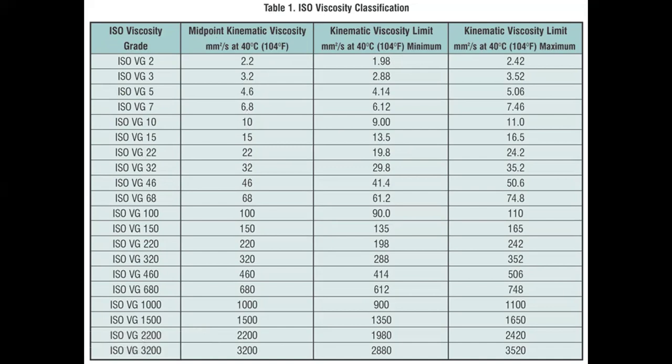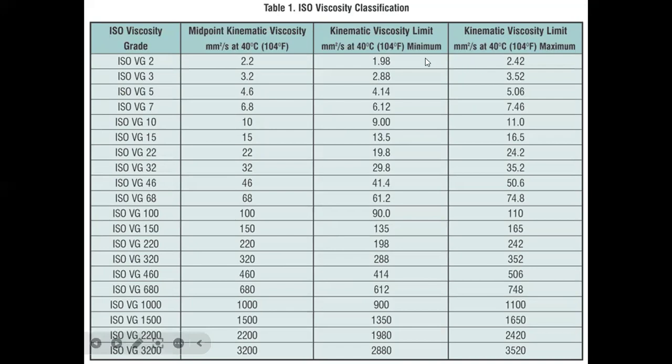Let's examine ISO VG 22, which has a midpoint of 22. What is the maximum and the minimum for this viscosity grade 22? The minimum viscosity at the particular temperature is 19.8, and the maximum would be 24.2. So again, to solve for the midpoint, we simply add the maximum and the minimum and then divide by 2. Last, if we have ISO viscosity grade 320, the midpoint kinematic viscosity is also 320.